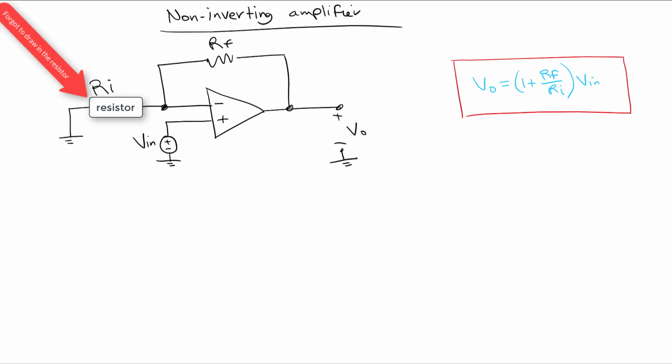What's interesting about this equation is that unlike the inverting amplifier where the gain is always negative, the gain in this circuit is always positive. It's always positive, and it is either 1 or greater than 1. So that's an interesting property of it.